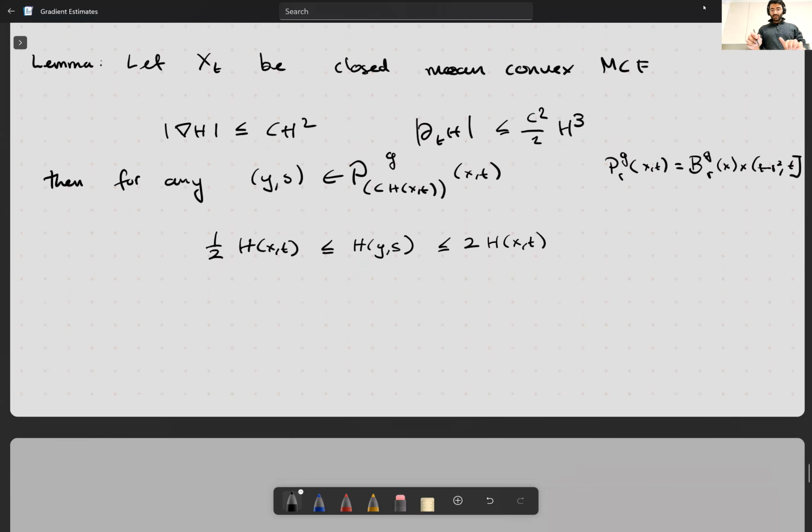To show this, we first integrate this equation to get a bound between the mean curvature at y,t and at x,t, and then we integrate in time to move in the time direction.